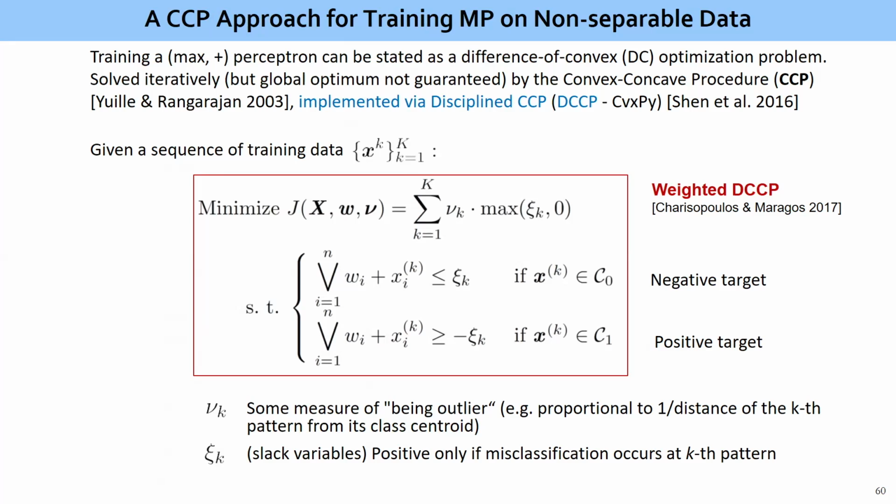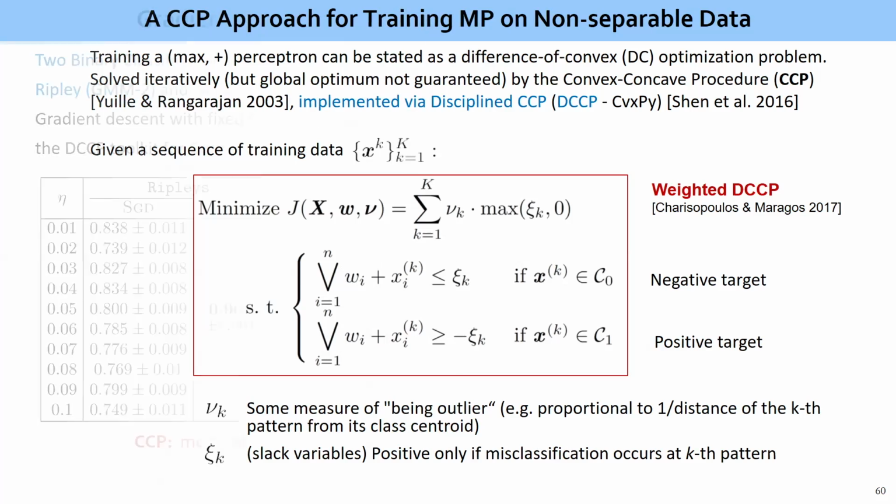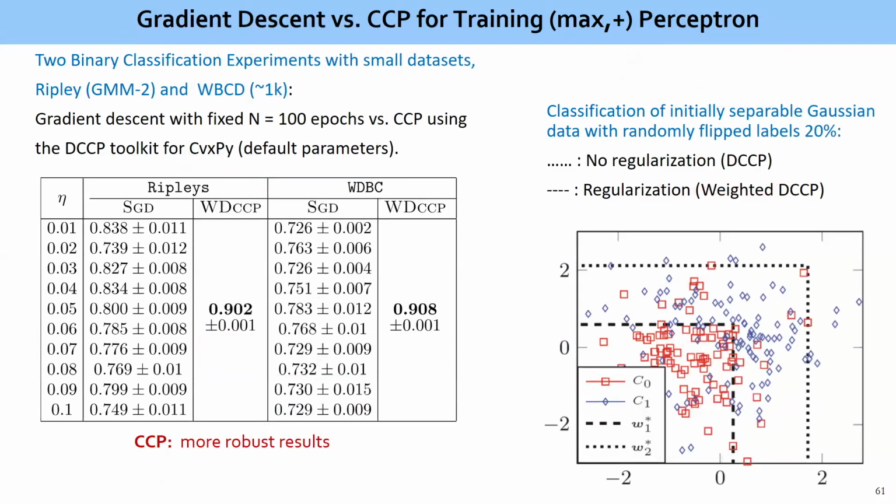And our contribution was this formulation plus a weighted version of that, where we multiplied these misclassifications by weights nu_k that are inversely proportional to the distance between the misclassified pattern and the centroid of the class. So we call that the weighted disciplined convex-concave programming. For small data sets that you see here on the left, we have seen a clear improvement of using this for training the morphological perceptron versus training it with standard stochastic gradient descent.